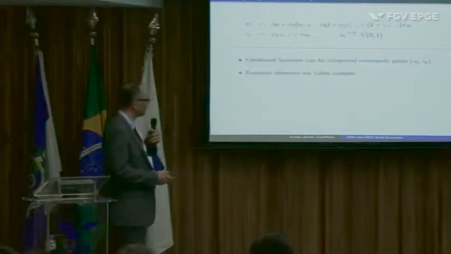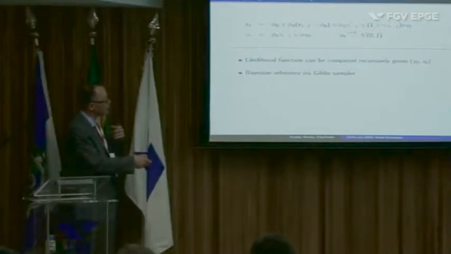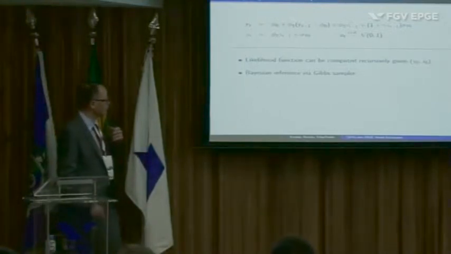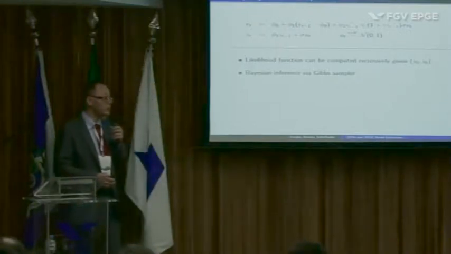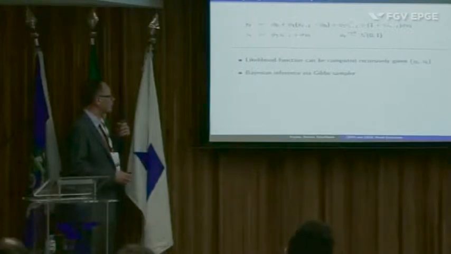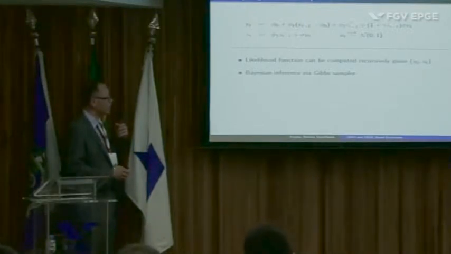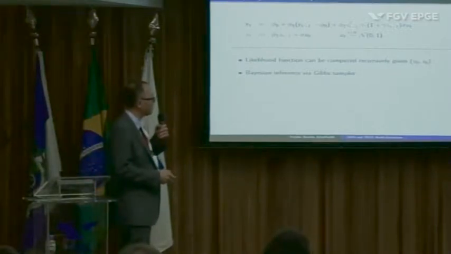If you condition, at least on the initial states, you can calculate the likelihood function recursively. It's a so-called observation-driven model. And you could do Bayesian inference, for example, using a Gibbs sampler or some other Bayesian computational methods.